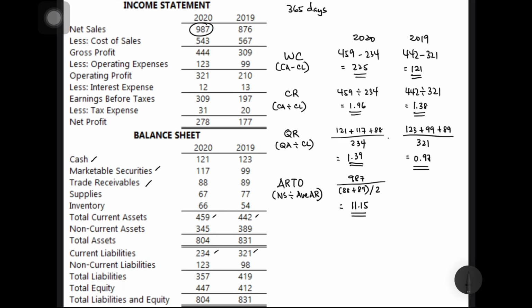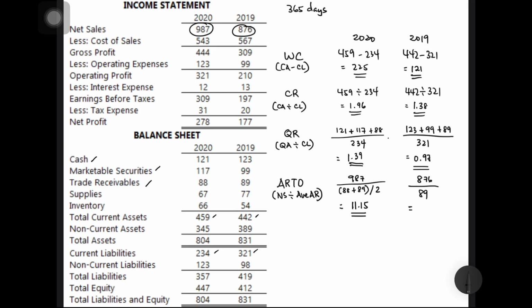How about in 2019? This is your net sales in 2019, 876 divided by, in your 2019, you will just use 89. You don't average because you don't have the prior year data. So you don't average here because there is nothing to average. You just use 89.